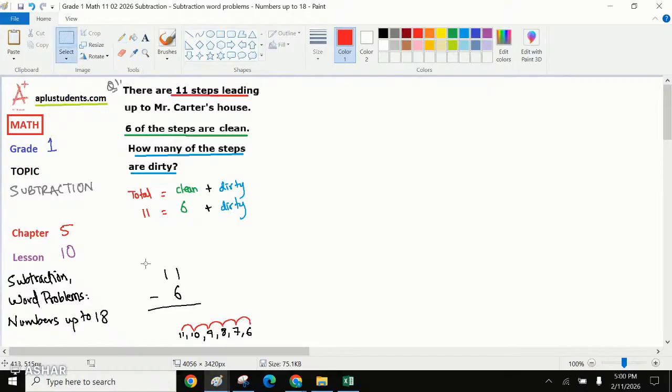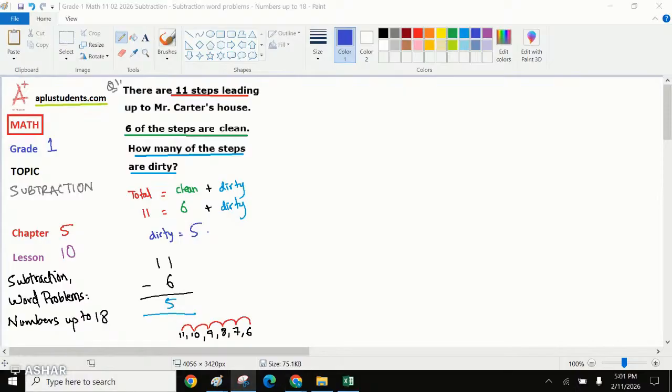That means 11 minus 6 should be 5. We can also say that dirty tiles is equal to 5. 11 minus 6. Do we agree? Okay. We can subtract by counting also.